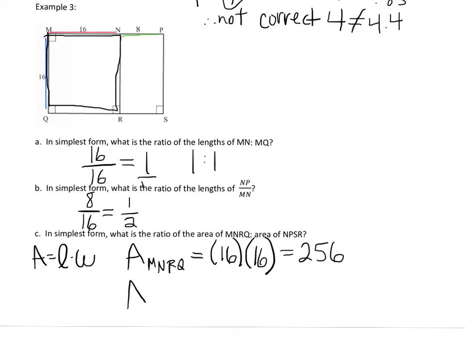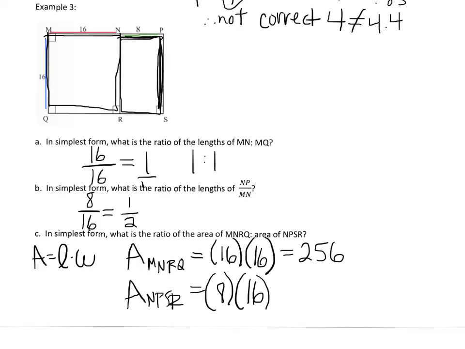And then the area of NPSR, so we think NPSR, it's kind of that rectangle there on the right, we get 8 times 16, because we do length times width, and our length up here is 8, and then our width is 16, and that gets to be 128.